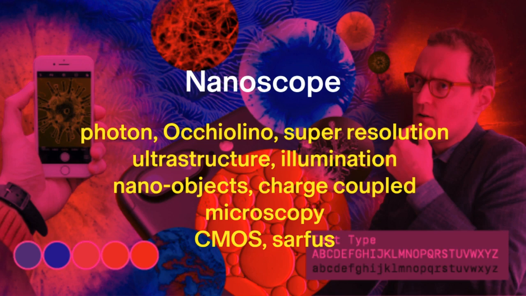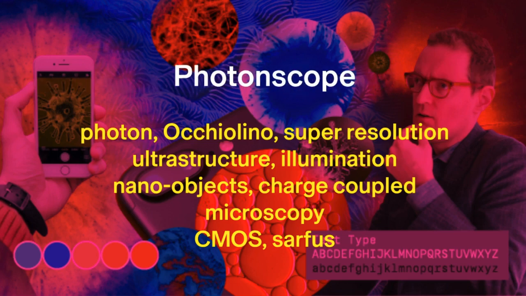So for instance, we might look at the name nanoscope and understand nano meaning small and scope talking about vision or microscope, and the word itself that we make sounds like it's a real thing, even though it probably isn't.